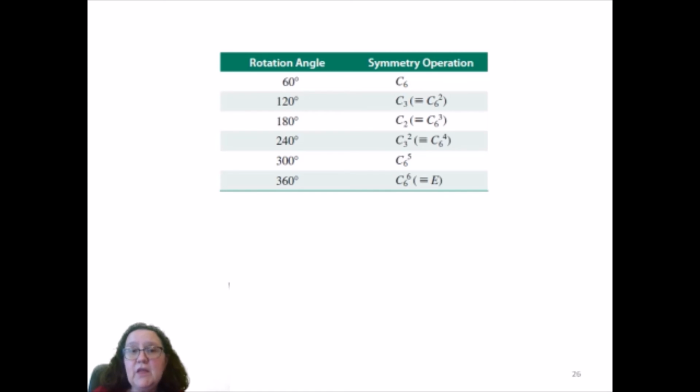And finally, a rotation of 360 degrees would be performing the rotation around this C6 axis 6 times, and that would bring you back to the original configuration of the molecule, to the identity operator.